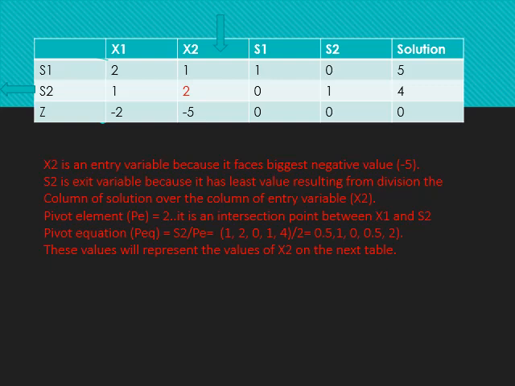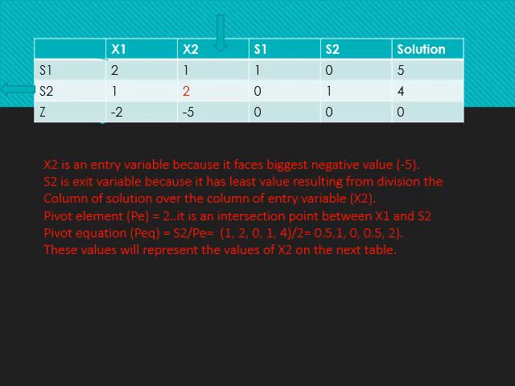So when we divide the values of the column of solution, 5 and 4, over 1 and 2, the least value is 4 over 2. 4 over 2 is less than 5 over 1. That's why we consider S2 as the exit row.